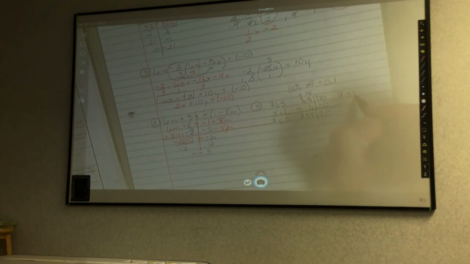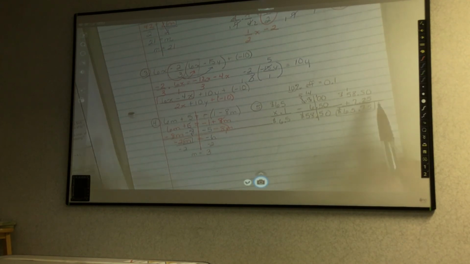So $58.50 plus $7.25. So with the coupon, it would cost $65.75.